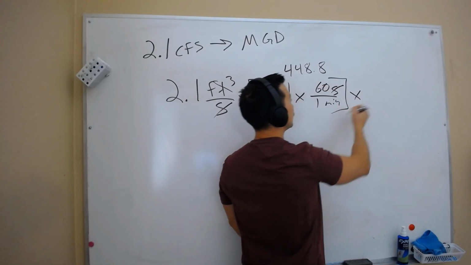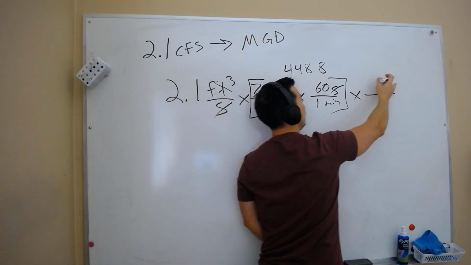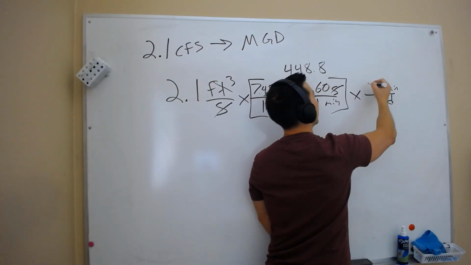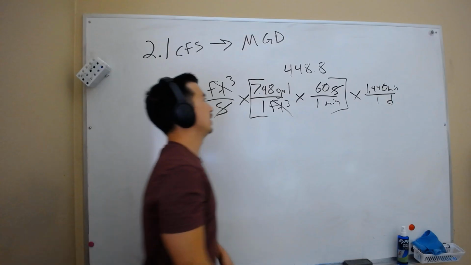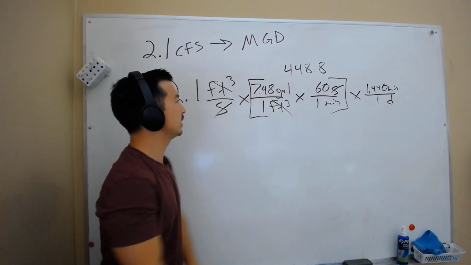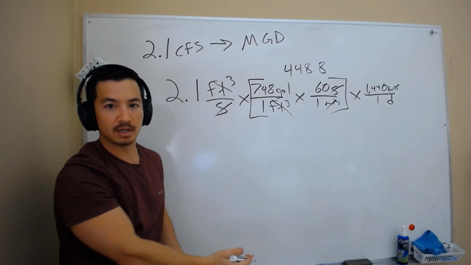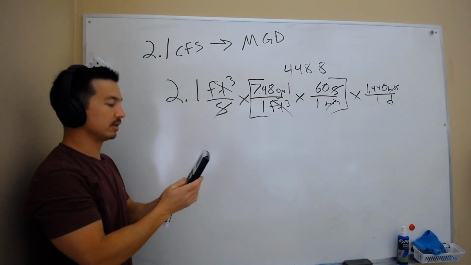So I'm actually going to multiply now. I'm trying to get rid of minutes, so it's going to go up top. It's going to go on the opposite side. And I'm trying to get to days. I know that there are 1,440 minutes in 1 day. So multiplying in this format here is going to get me to gallons per day, right? And once I get to gallons per day, then I can just convert to million gallons from there.